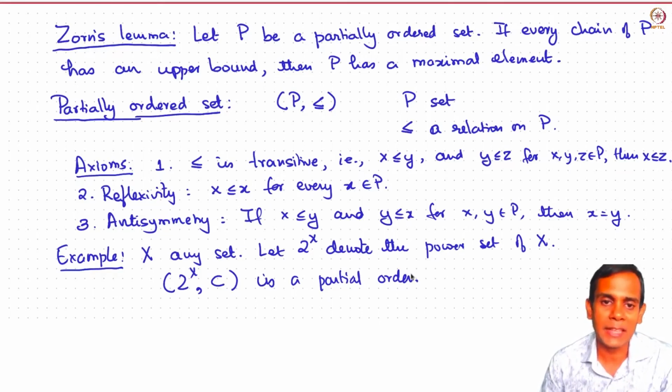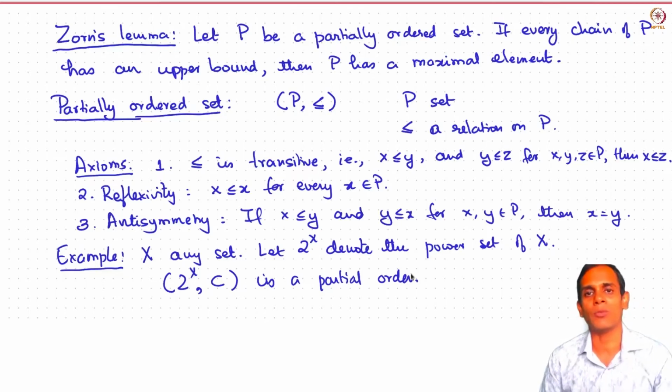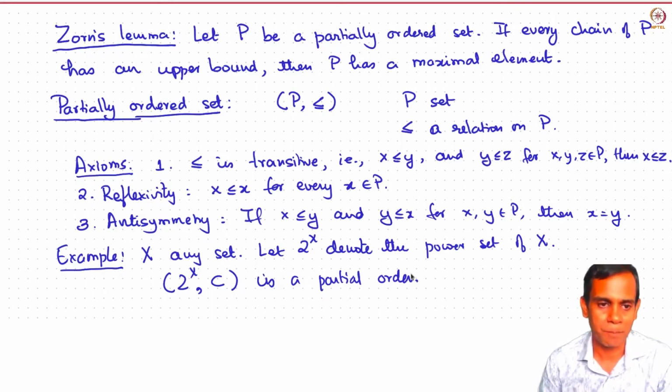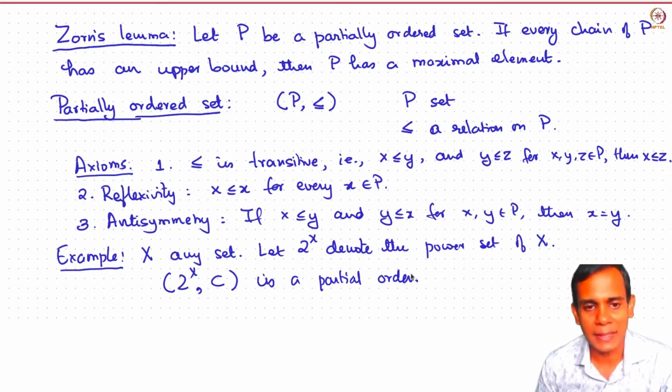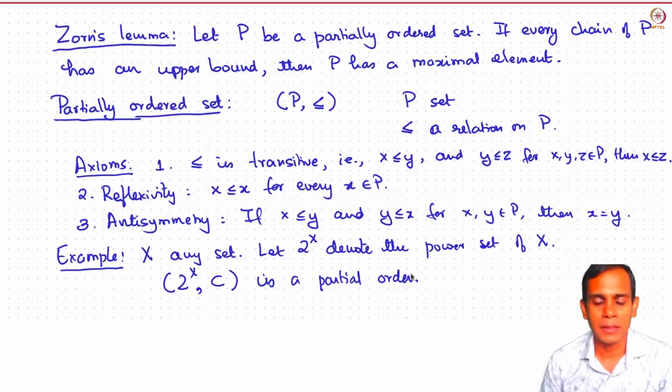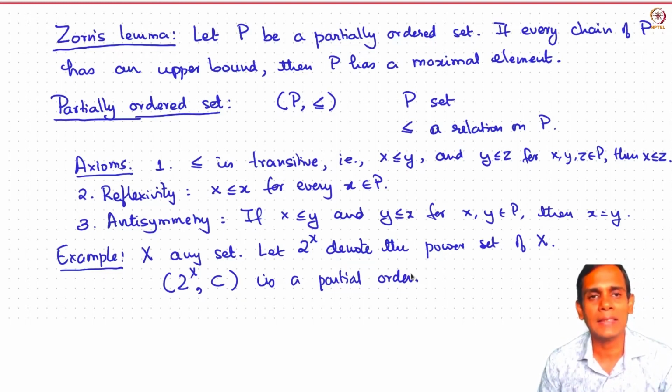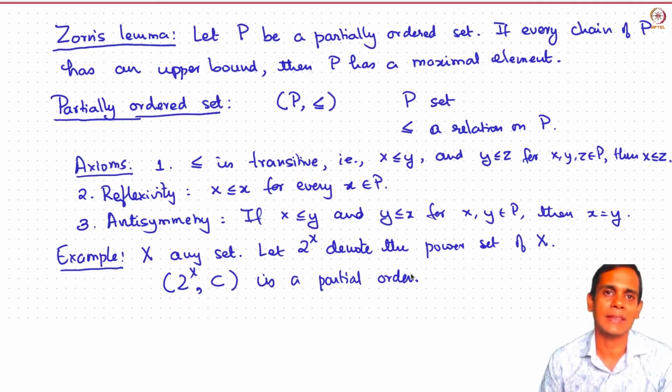Secondly, every set is contained in itself. And thirdly, if a set x is contained in a set y and a set y is contained in a set x, then x and y are equal. So the power set of any set forms a partially ordered set under containment. And note here that this is not a total order, because you can find two sets x and y such that neither x is contained in y nor is y contained in x, provided of course that the capital X, the big universal set, has at least 2 points.